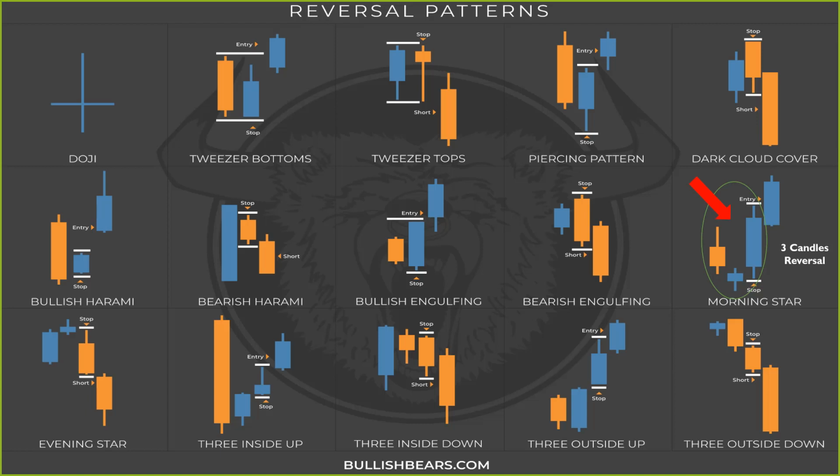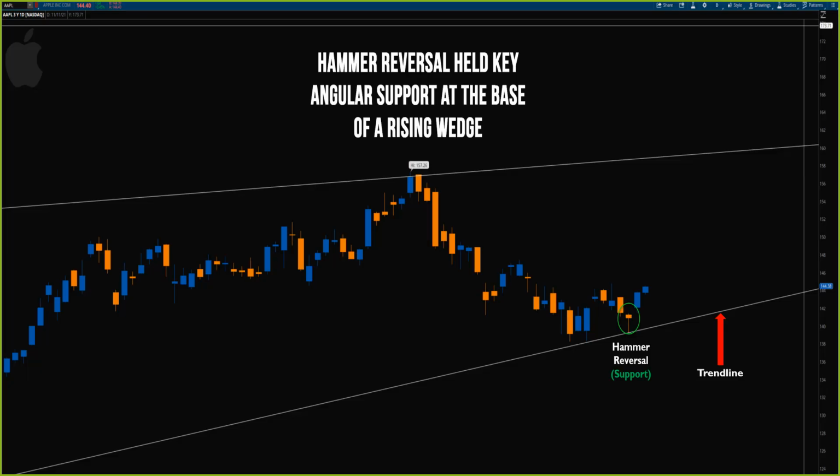So reversal patterns, right? Lots of different reversal patterns. Let's take a look at the morning star pattern, a 3-candle reversal pattern. So you'll see here, going back to a daily chart of Apple, that hammer is a reversal pattern as well, but we had that on our bullish one.